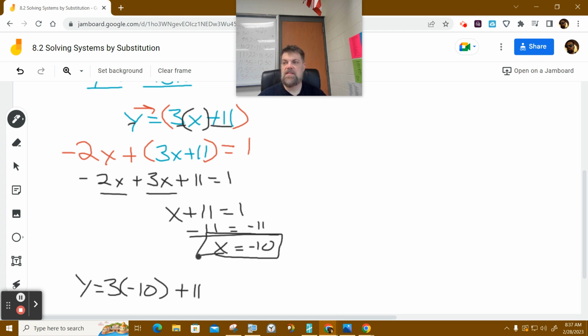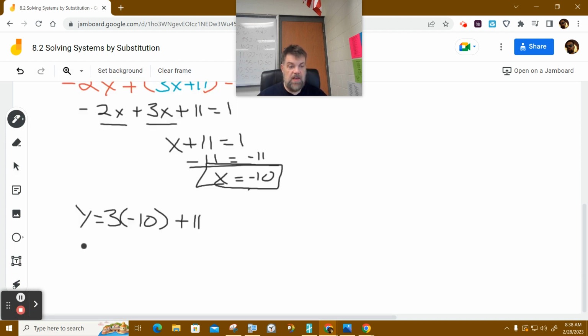Does that make sense? I'll give you a second to look at it. I know I'm going kind of fast. I did all this work and solved for x, and then I plugged my x value into the other equation that had a y. Now, when I do the math, I get y equals, what's 3 times negative 10?